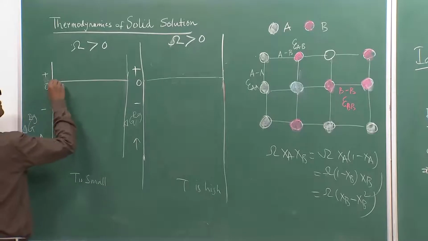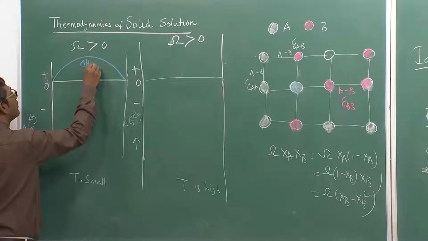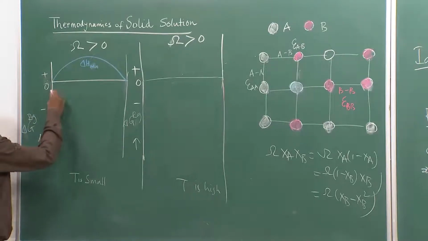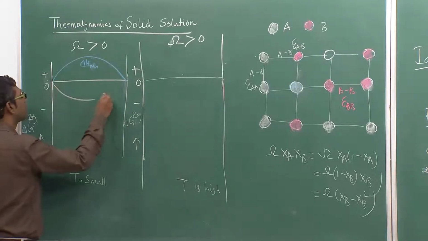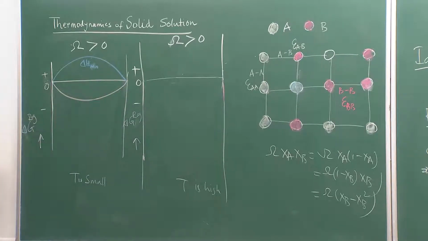So, this is your delta H mix now. The entropic term will always be negative because of the nature of the logarithmic terms. XA and XB are fractions, so the log of any fraction is always negative. But it will be low because the temperature term is low, correct.